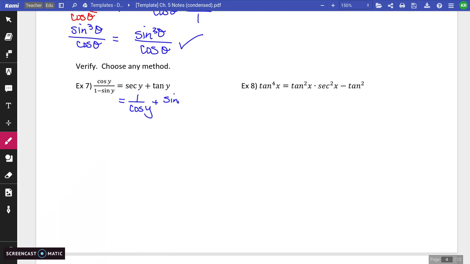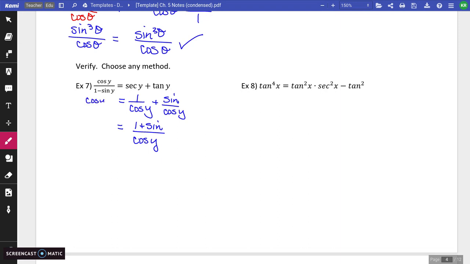Tangent is sine over cosine. I have a common denominator, so I can go 1 plus sine over cosine y. And then figure out what I can do. Okay, well, I'm going to work on this left side.